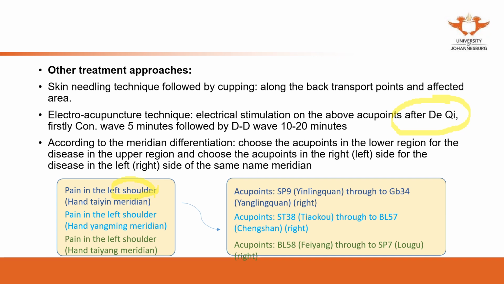We select the points according to the names of the meridian. If it is the hand Shaoyang meridian, in order to differentiate this meridian, you need to know where the hand Shaoyang meridian flows.